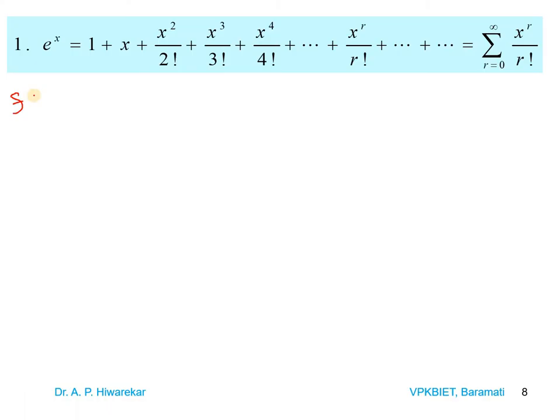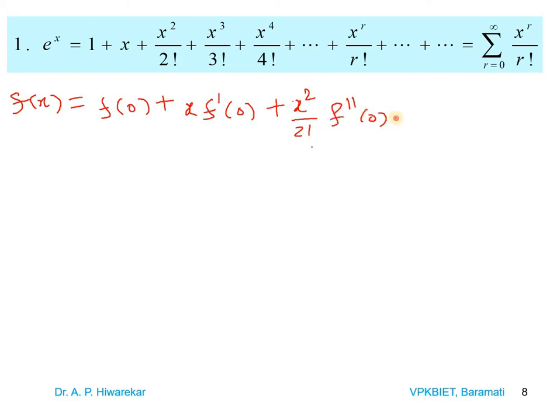What is Maclaurin series? f of x is, what is the formula? f of 0 plus x into f dash of 0 plus x square divided by 2 factorial into f double dash at 0 plus x cube divided by 3 factorial into f3 dash at 0 plus and so on.